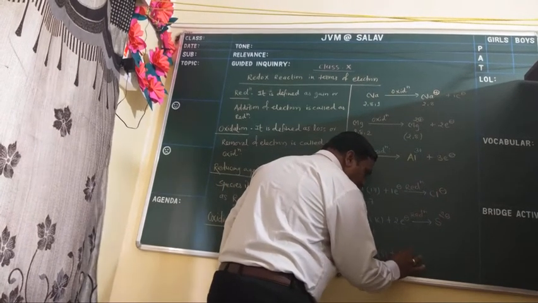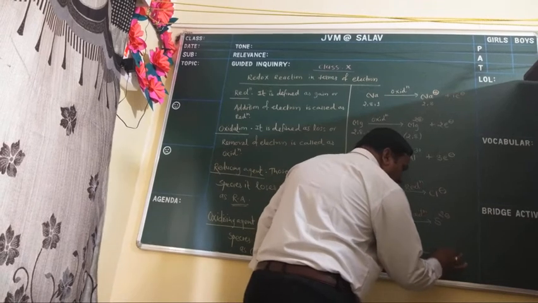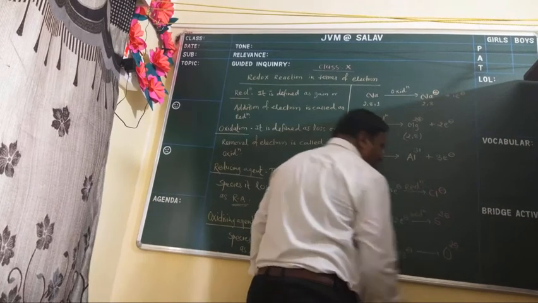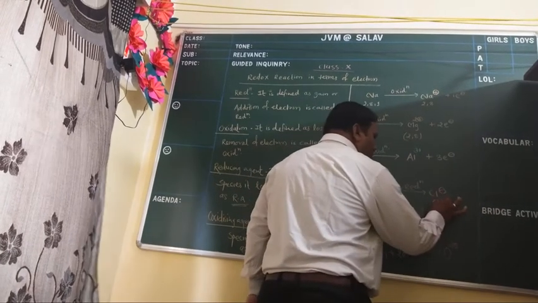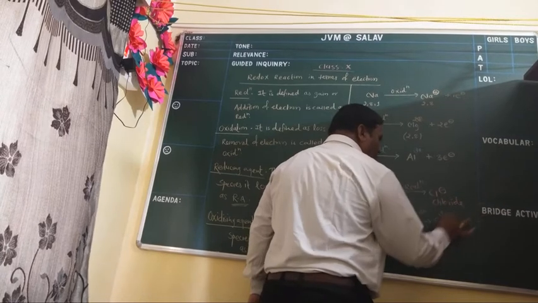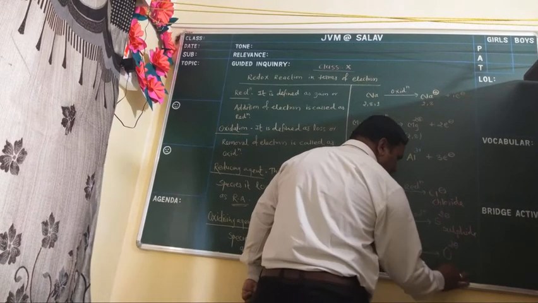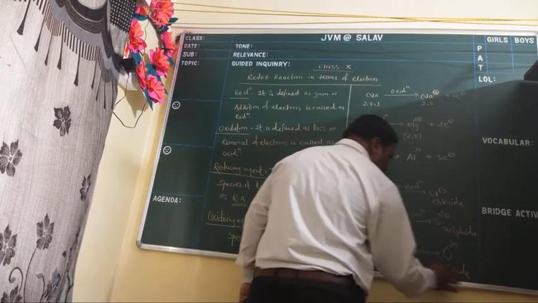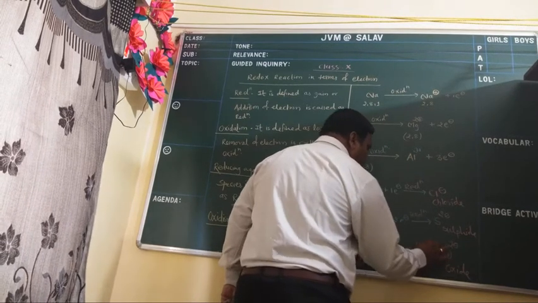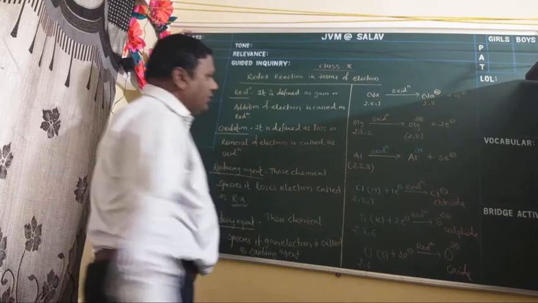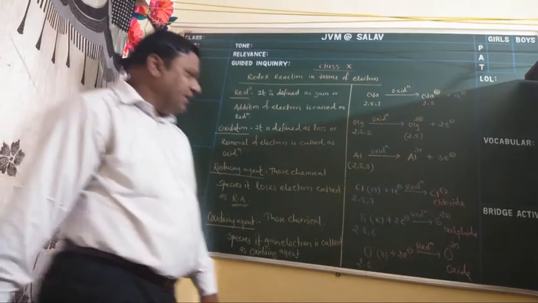It again gains 2 electrons to form O2 minus. So this is chloride, this is sulfide, and this is oxide. Reduction. Okay.